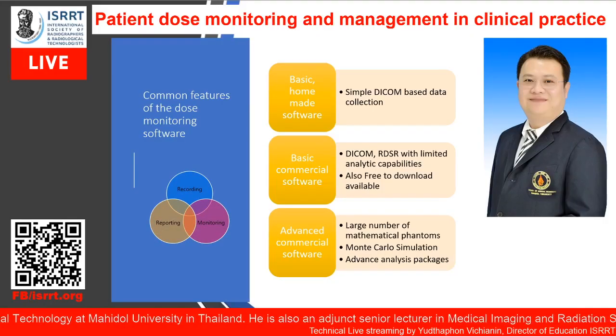In general, there are common features of dose monitoring software. The first group is basic homemade software. I have my radiography student doing this software. It's not that difficult. They can just extract the dose data from DICOM, and then display how much dose the patient gets based on this.